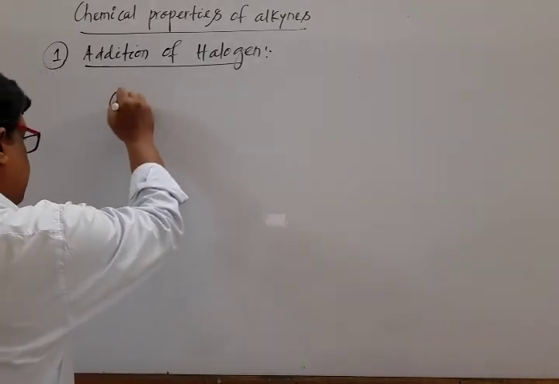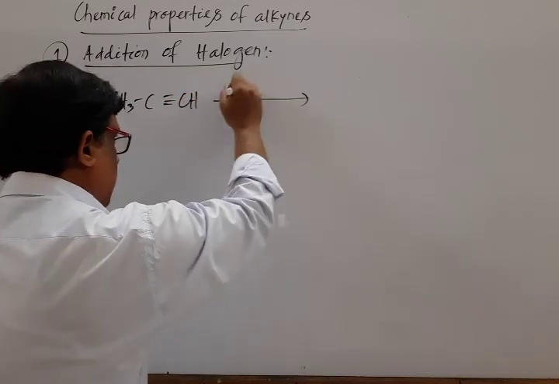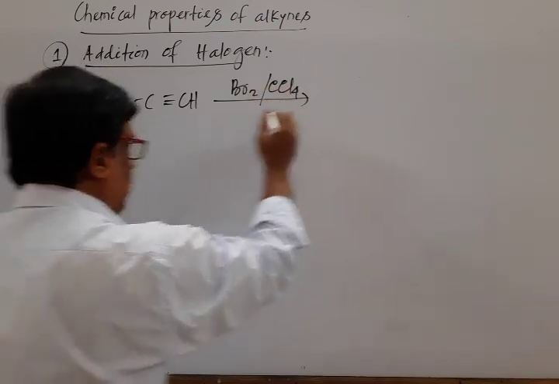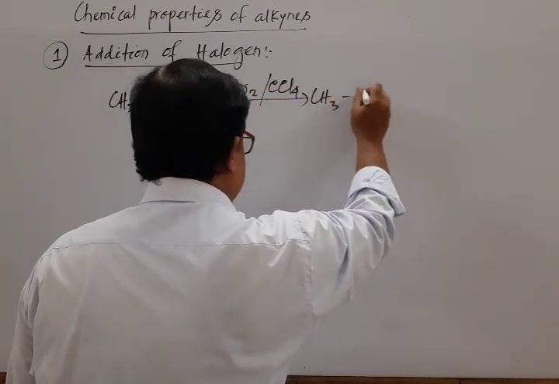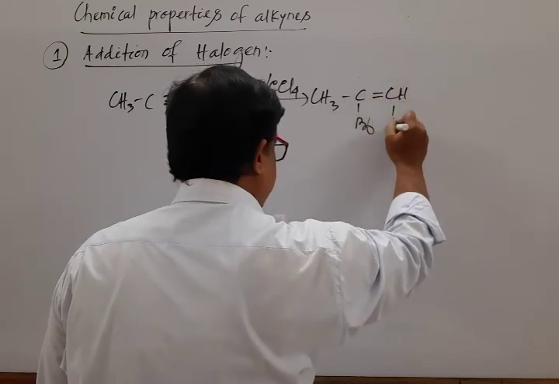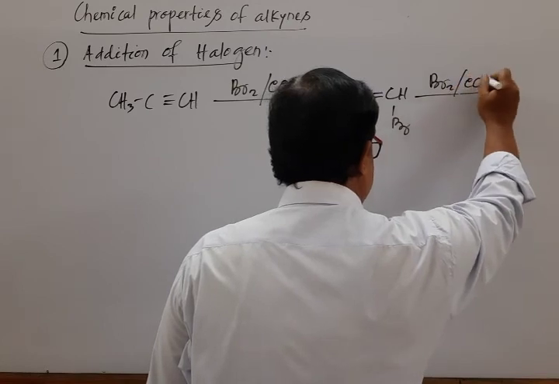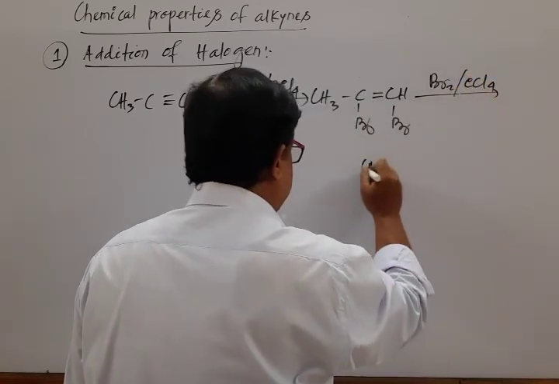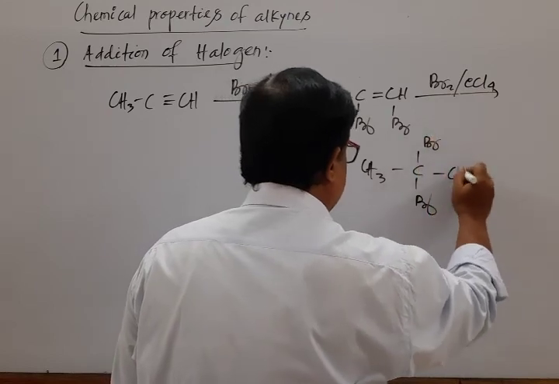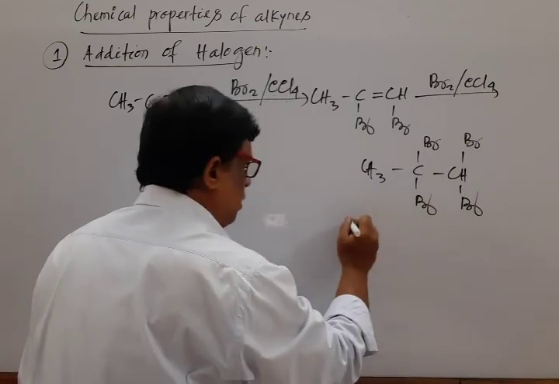CH3-C≡CH adds bromine in presence of CCl4. What happens? CH3-CBr=CHBr, again Br2 in presence of CCl4, it gives rise to CH3-CBr2-CHBr2.